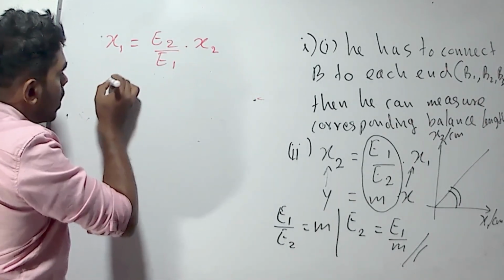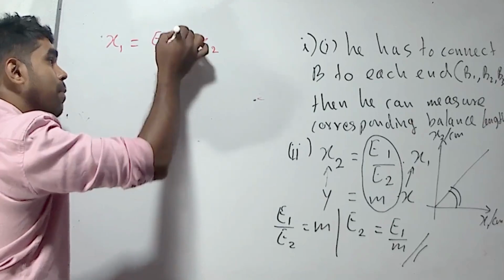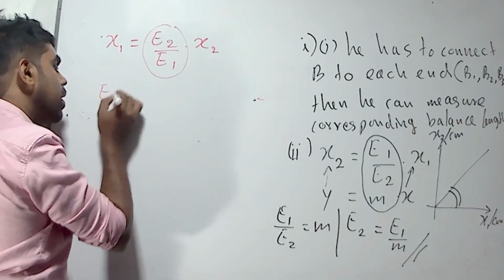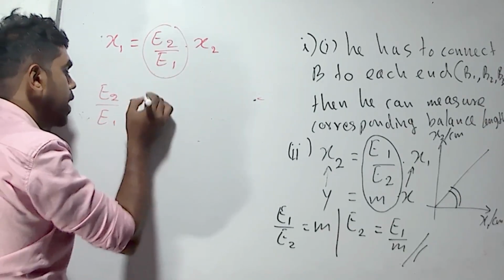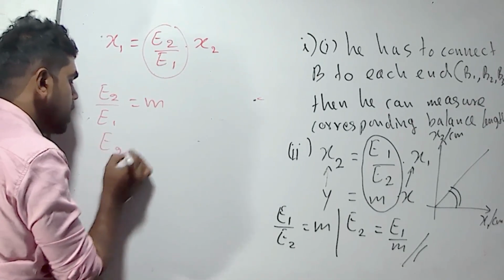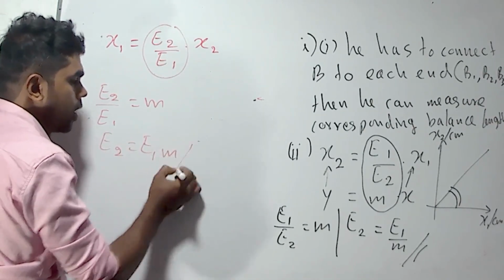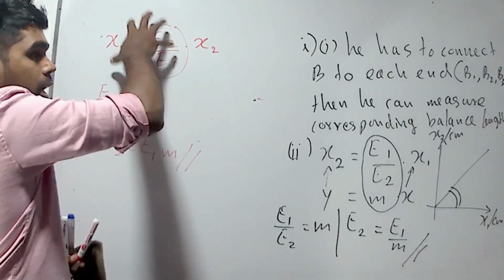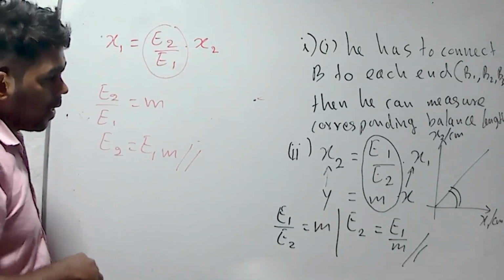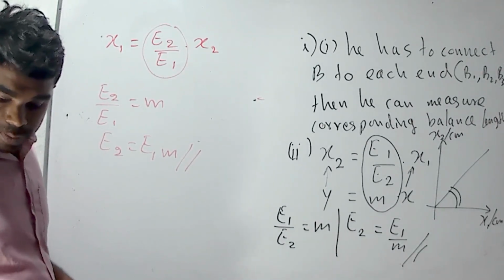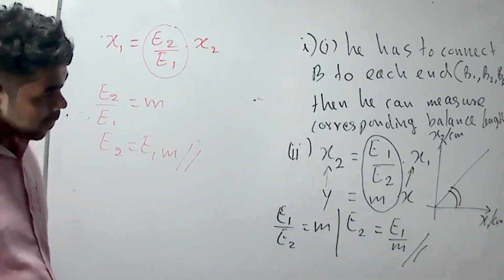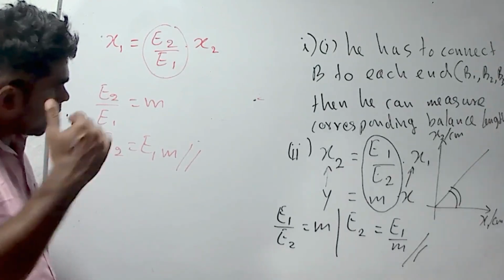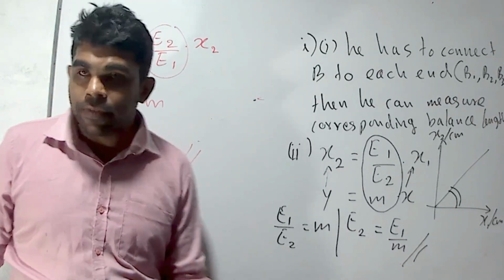Now it is also in y equals mx format. This one is the gradient. E2 over E1 equals gradient. E2 equals E1 into gradient. It's also correct, but we have to consider the correct relationship. We have to decide the dependent and independent variables correctly.